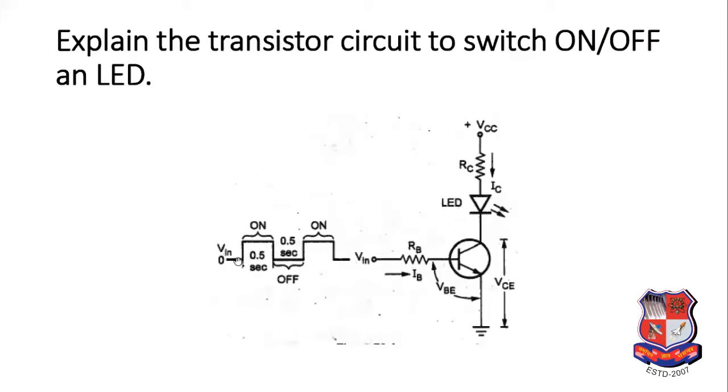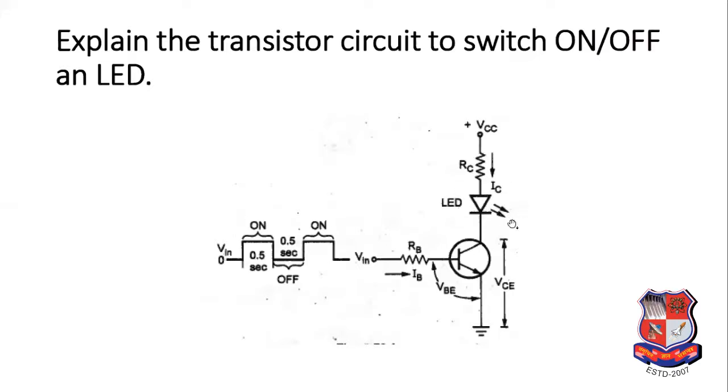If we apply some value at Vin, meaning during the on period, then the transistor is in the saturation region. So current will flow through the LED and the LED will be turned on. In the next half cycle, Vin is equal to 0, the transistor is in the cutoff region, and the LED will be off.